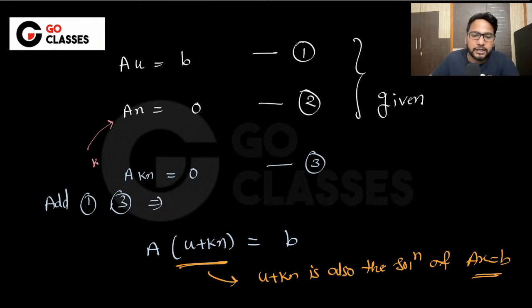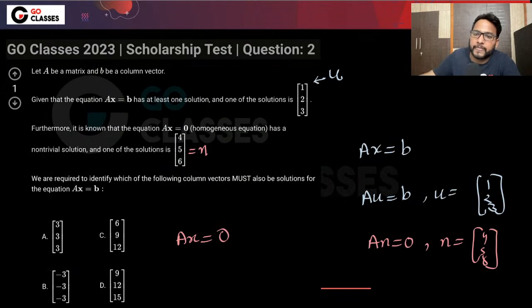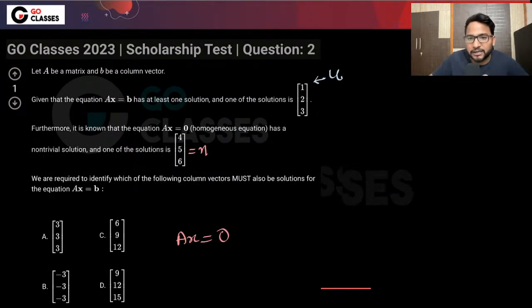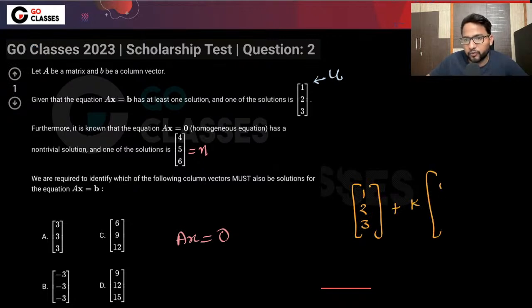So which means that you are saying that you take the solution of Ax equal to b, and then you multiply any solution of Ax equal to 0 with k, and then you add it. Then it is a solution of Ax equal to b. So here you can say you take the solution of Ax equal to b, which is 1, 2, 3. You take k and then you multiply 4, 5, 6, right?